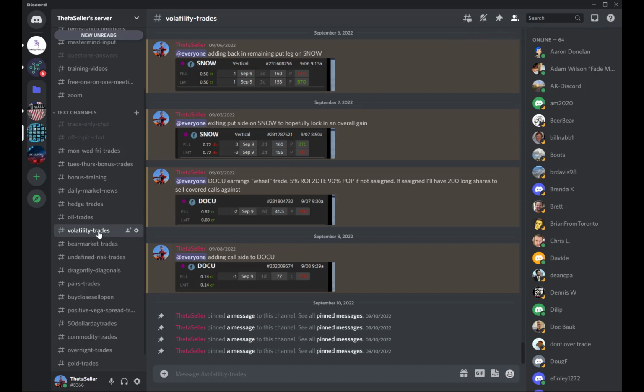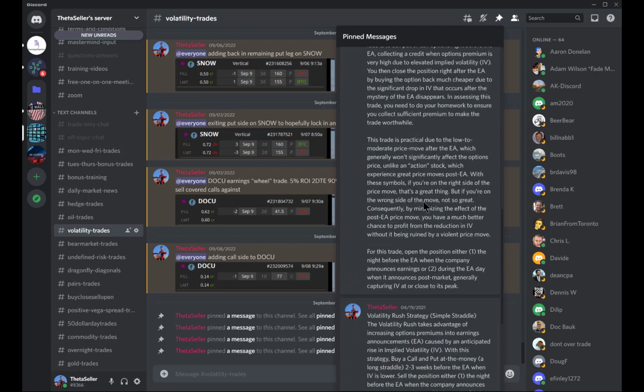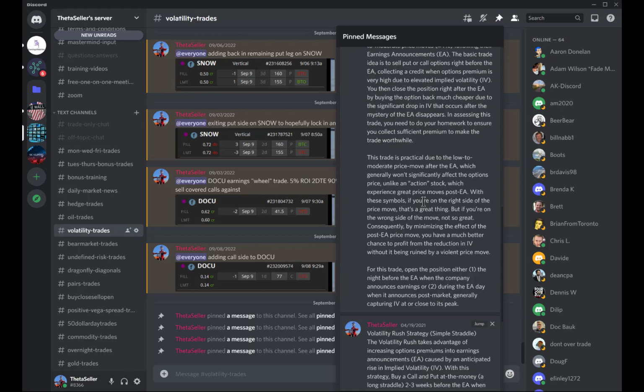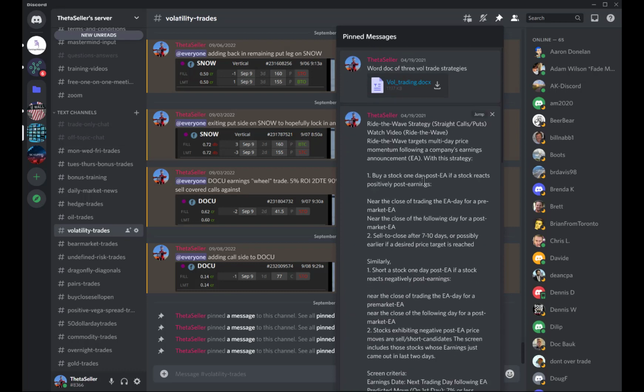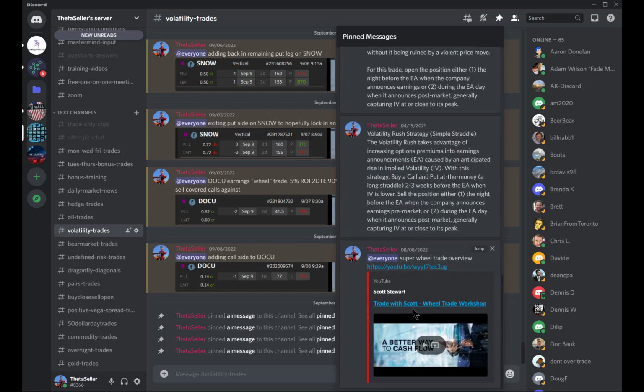If you go to the channel and then hit the pin at the very top, it will pull up a lot of instructions about what it is, but it will also pull up a document in this case about how we trade those and a little training video as well. Okay, so those are critical to helping you understand the trades.